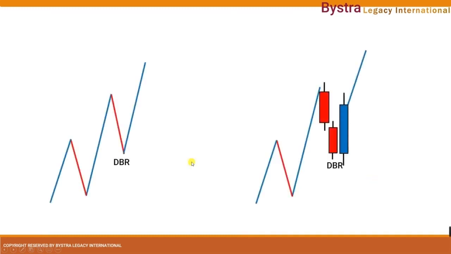Here I'm going to show you another example, where the drop base rally is a little bit lower than the capital A. As you can see, this is the drop base rally, so this is our entry point, right, guys? Next, we mark the horizontal line at the capital A. This is capital A, the resistance.